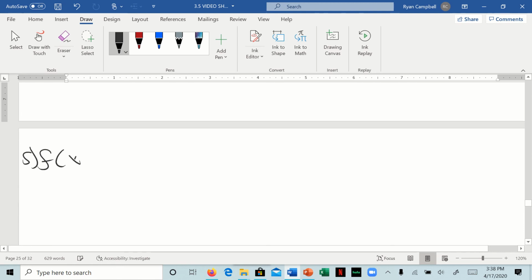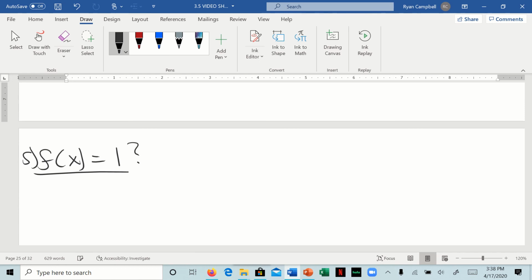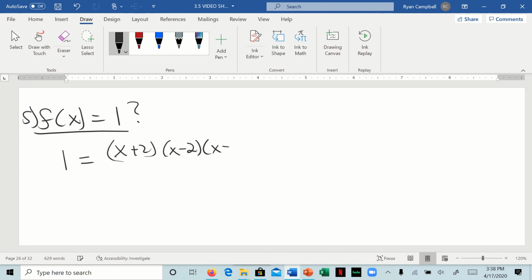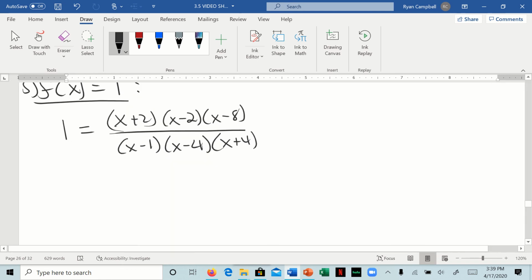Number 5, does the graph ever cross y equals 1? So we let 1 equal our equation, x plus 2, x minus 2, x minus 8, over x minus 1, x minus 4, x plus 4. So we multiply by the denominator and we get this.